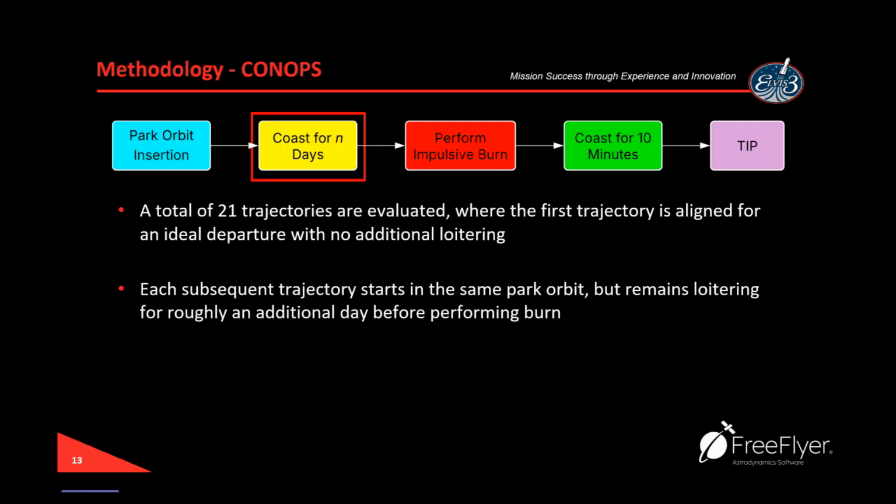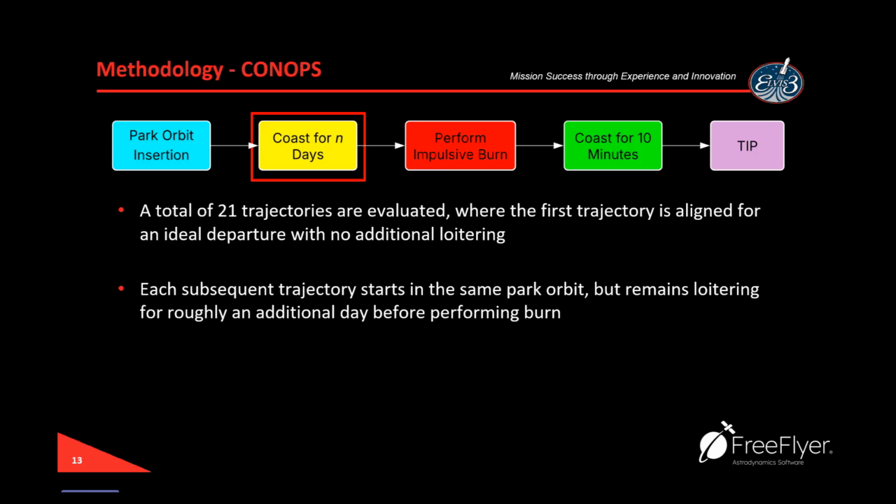On to the coast phase. So again, we're evaluating a total of 21 trajectories, where the first one is aligned for an ideal departure with no additional loitering. So that resembles just the traditional mission where you launch into your park orbit, and as soon as you can, you burn, and then you're on your way towards whatever your target is.